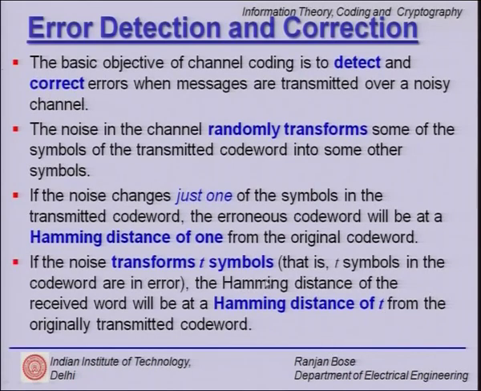So, from now onwards we will start talking about a t error correcting code. That is, we wish that our code of block length n can correct t symbols in error. We will put that constraint and try to figure out what are the conditions to do so.